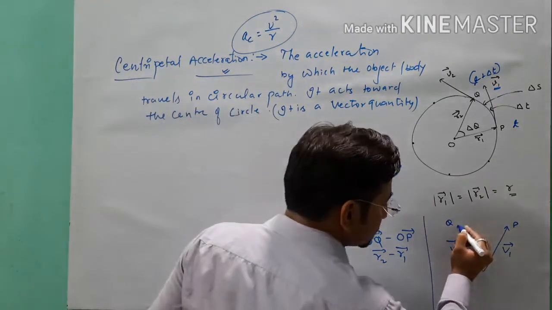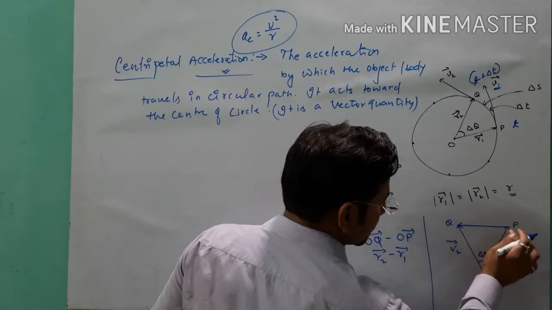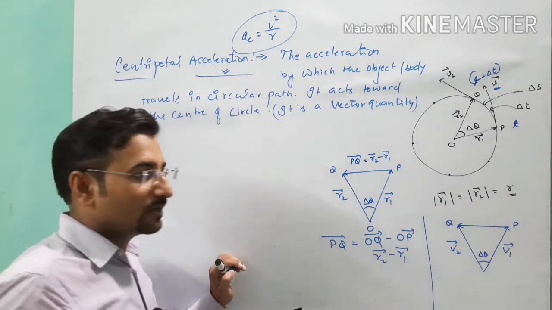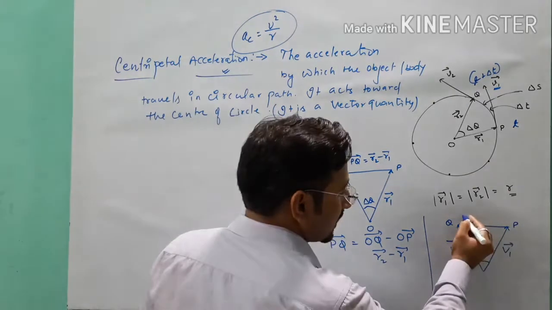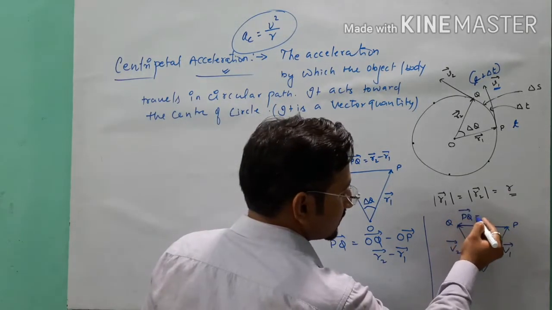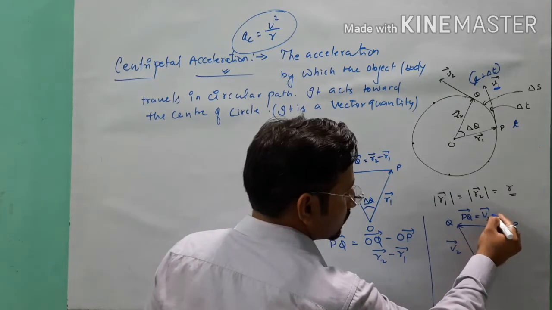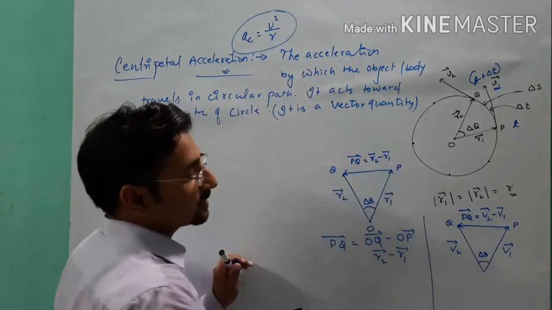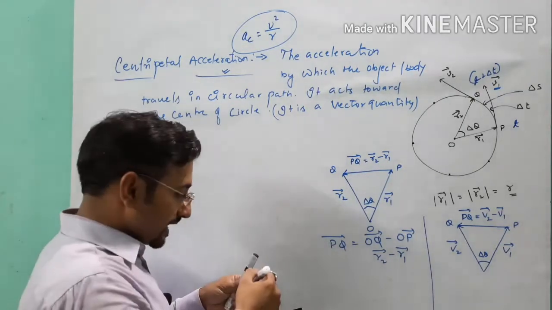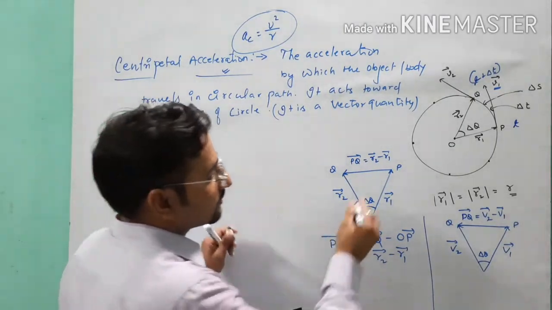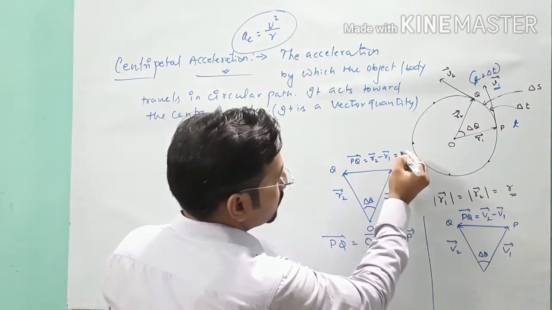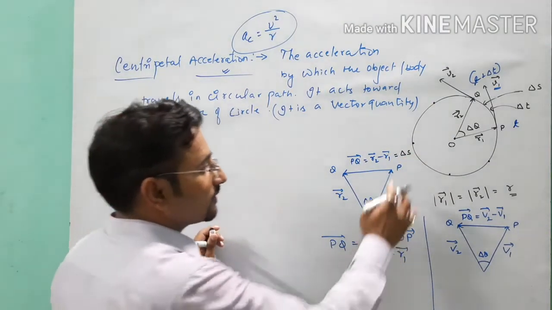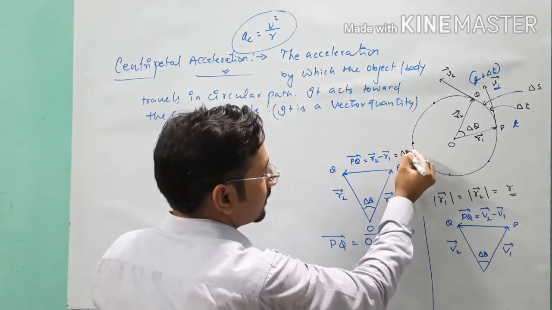And if I join this PQ, for this PQ vector in terms of velocity, I can write PQ vector is equal to v2 minus v1, as I have written here r2 minus r1. And this r2 minus r1 is equal to, you can write it as delta s, otherwise you can write it here delta r.